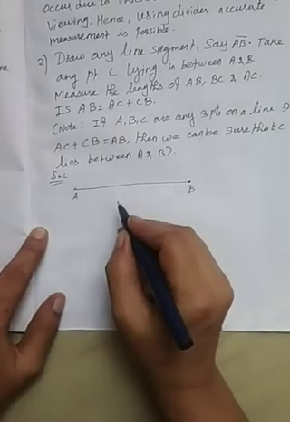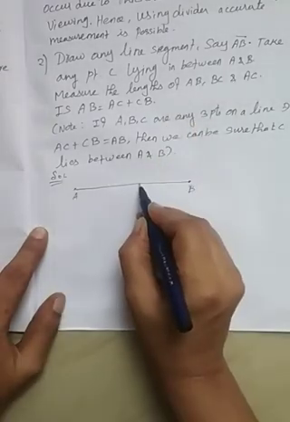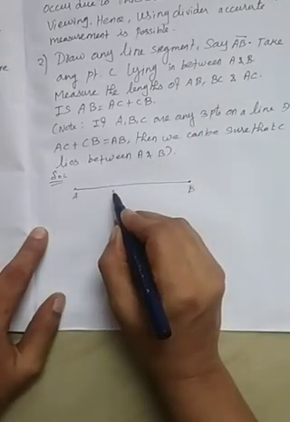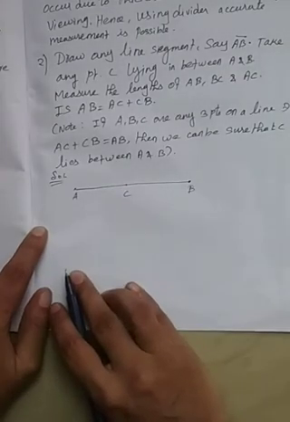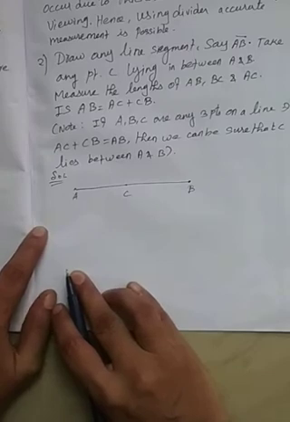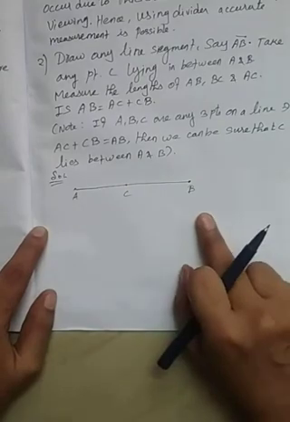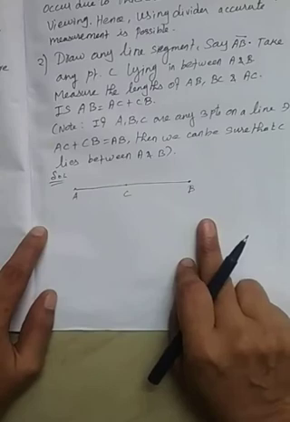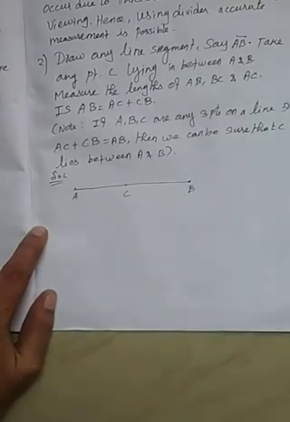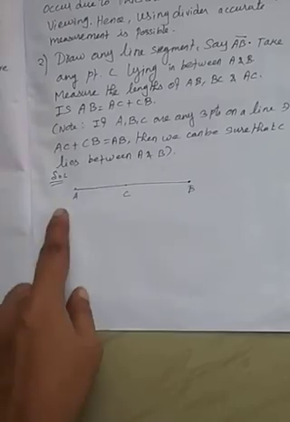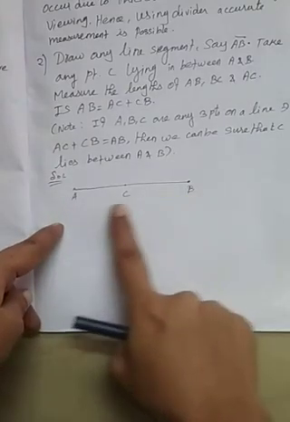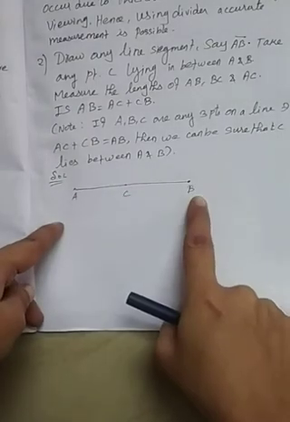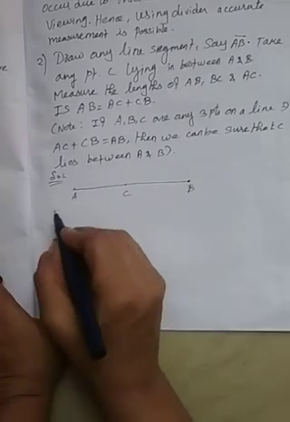Take any point C lying in between A and B. Since it is given that point C lies in between A and B, all points are lying on the same line segment AB. Therefore, for every situation in which point C is lying in between A and B, we may say that AB is equal to AC plus CB. Clear? Okay. See, how can you write the solution?